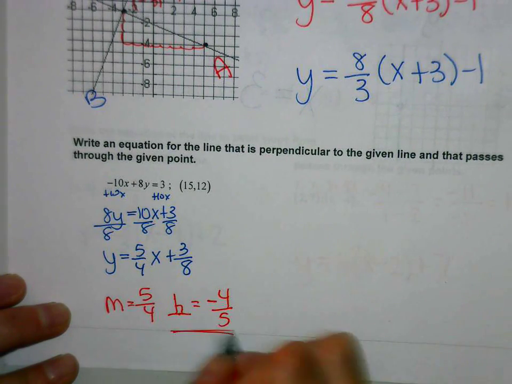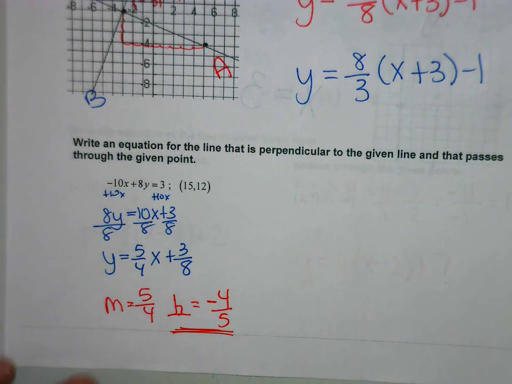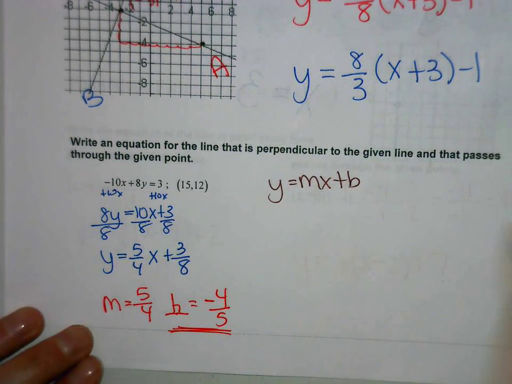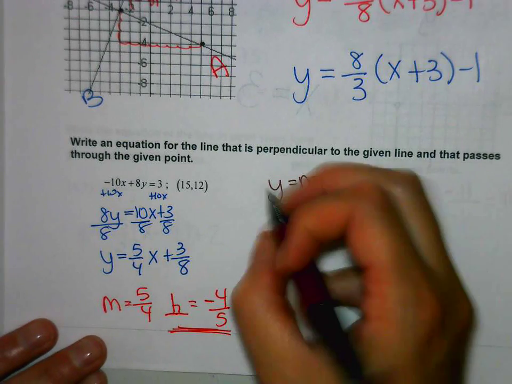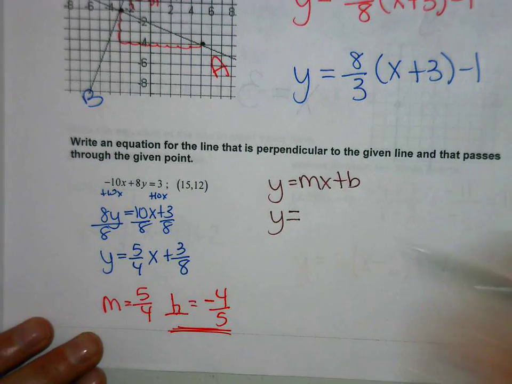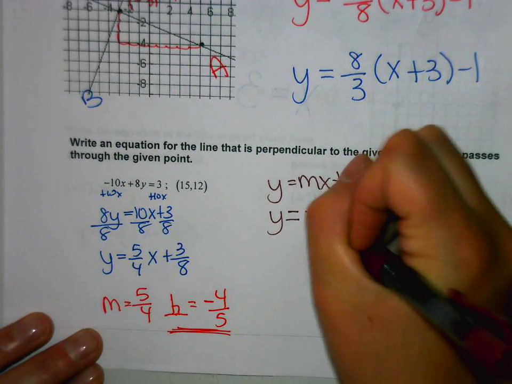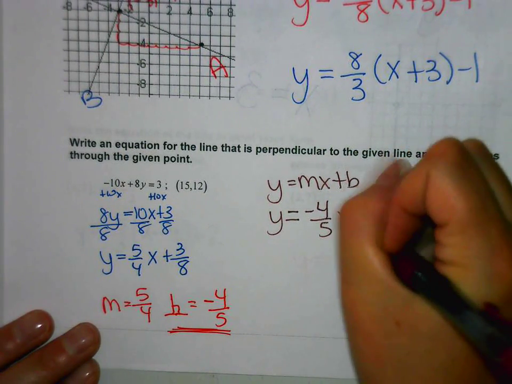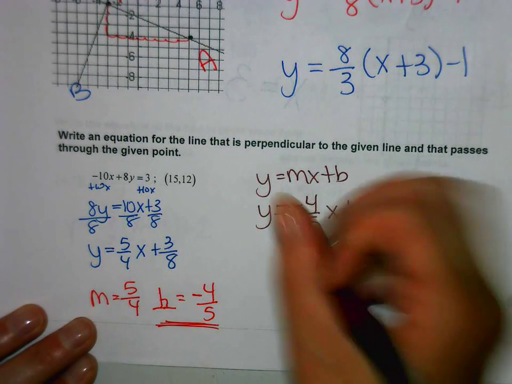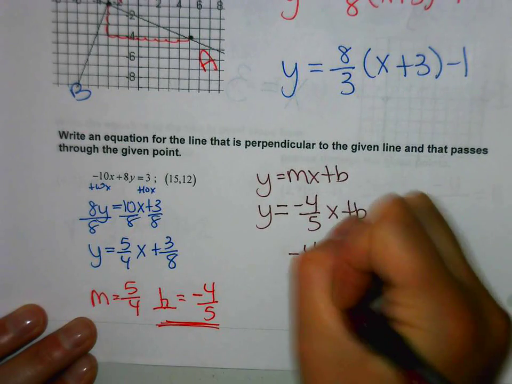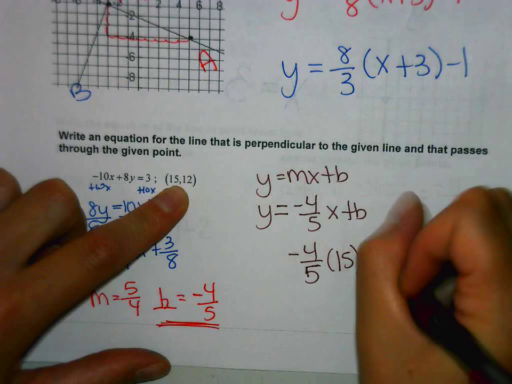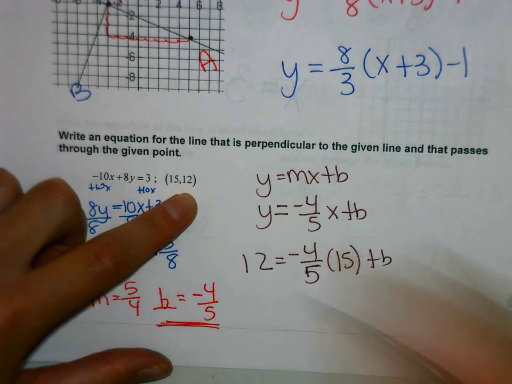So we want to work with this slope. If we start, we have one in slope-intercept form, y equals mx plus b. We have y equals -4/5 x plus b. We know our x is 15, and our y is 12.